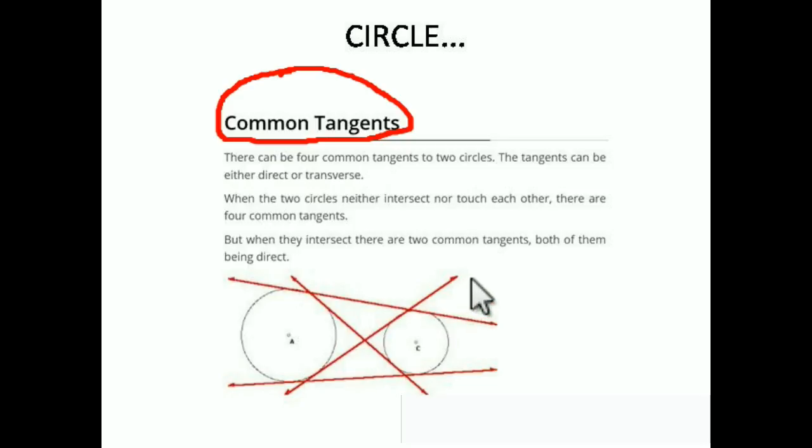Now, this case comes into the picture if the circles are not intersecting each other; they are separate. When the two circles neither intersect nor touch each other, there are 4 common tangents. When this case arrives, then the 4 common tangents appear.